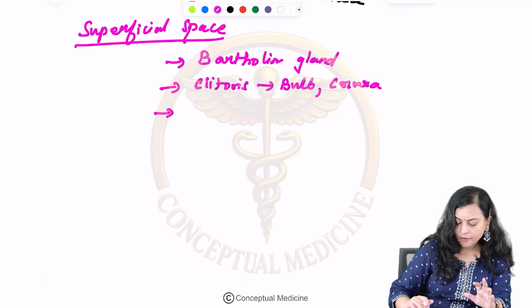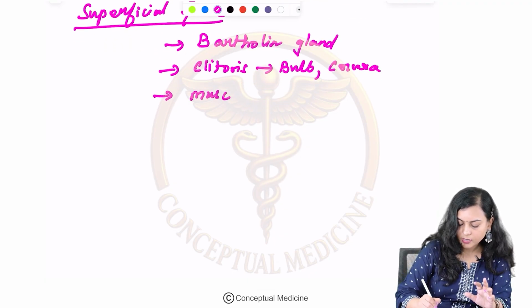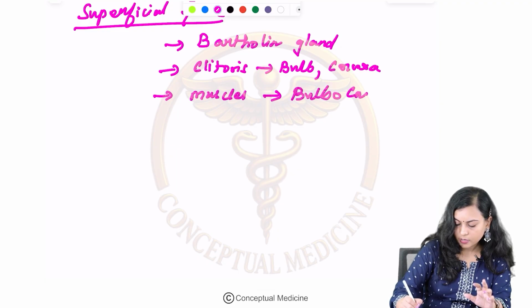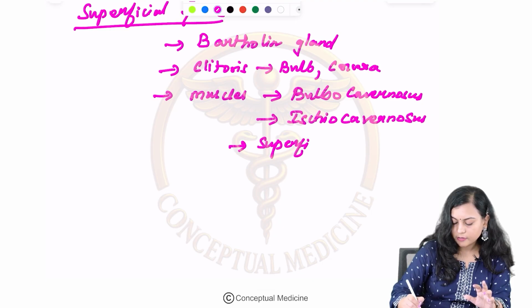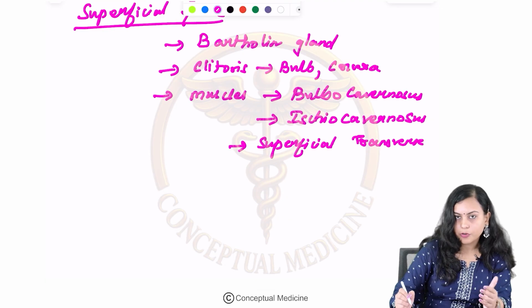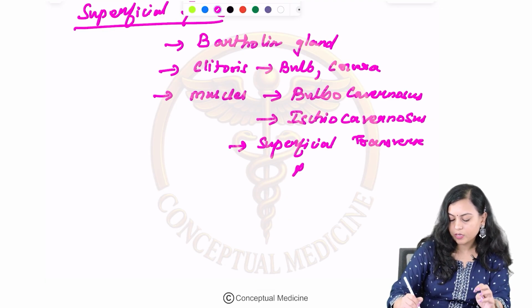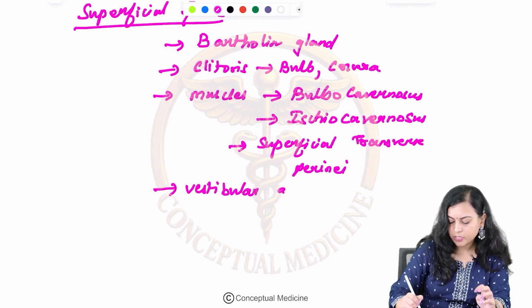Then you have the muscles, namely bulbocavernosus, ischiocavernosus and superficial transverse perineal muscle, which is forming the posterior boundary of the urogenital triangle. Also, you have the vestibular glands.